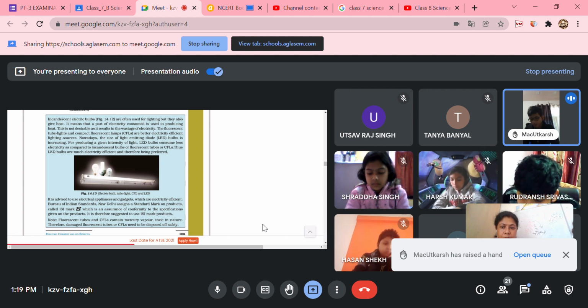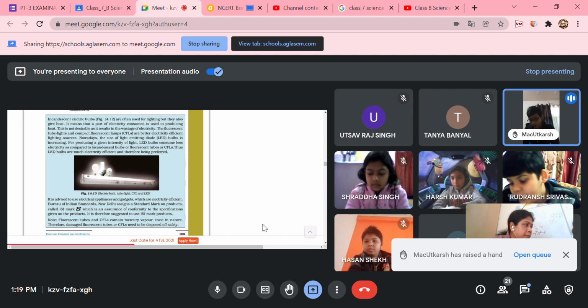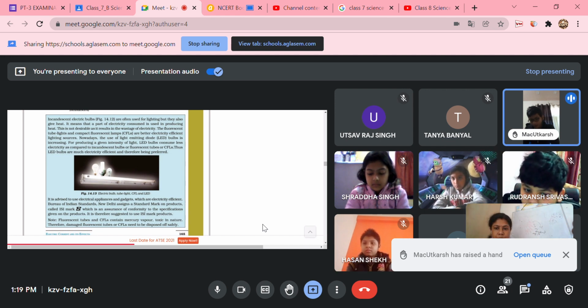It is therefore suggested to use ISI marked products. Note: fluorescent tubes and CFLs contain mercury vapor, toxic in nature. Therefore, damaged fluorescent tubes or CFLs need to be disposed of safely.